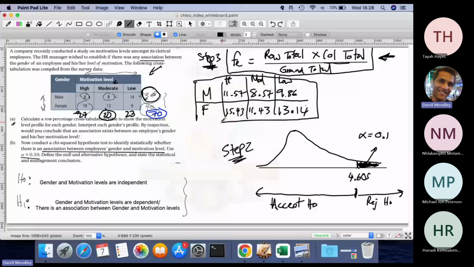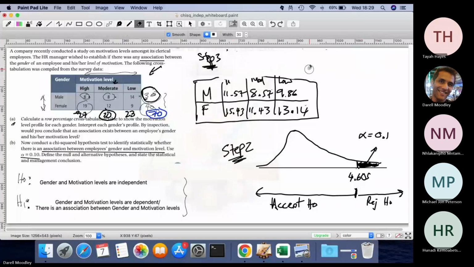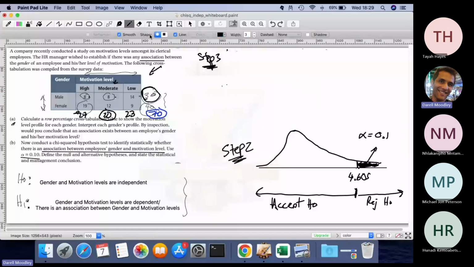Okay, so I'm going to take this out. I'm going to remove this, okay? So I'll write it again, but I'm just writing it differently. Okay, so we've got male and we've got female.